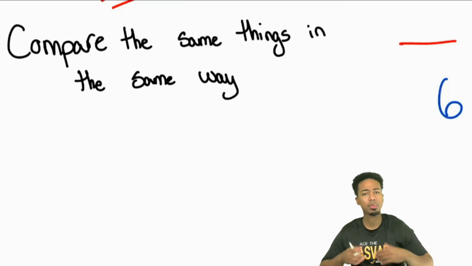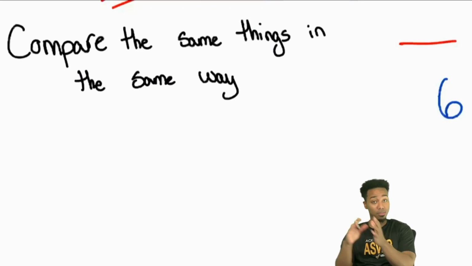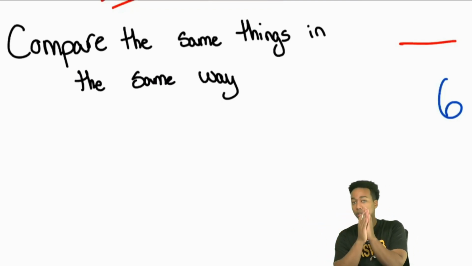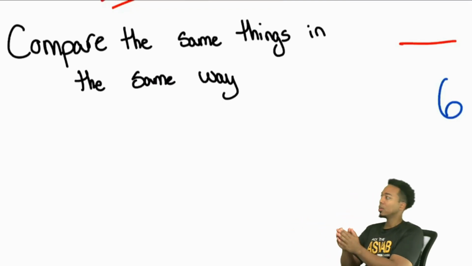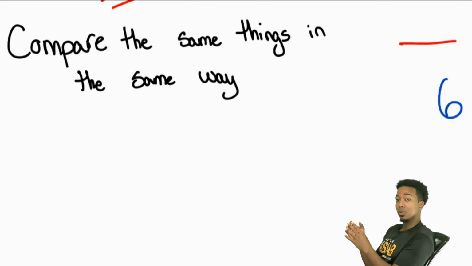We can take our time, because anytime I have you pause and physically write something down, it's really important. So again, when it comes to proportions, this is Unit 2 in your Arithmetic Reasoning course for those of you in the program. The main idea behind them is, compare the same things in the same way.